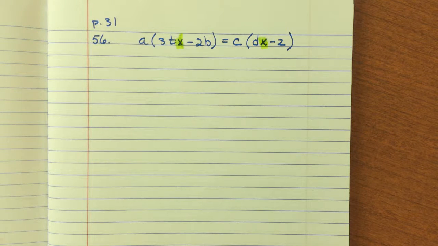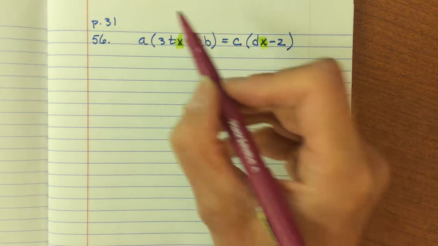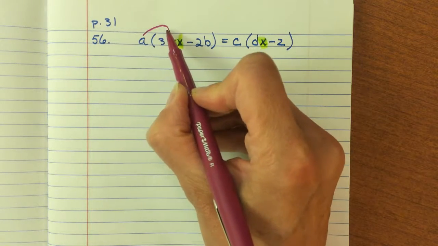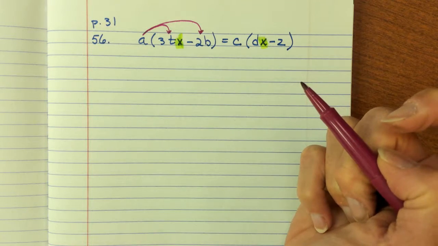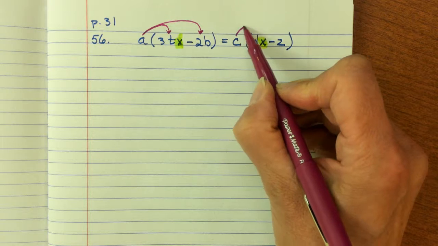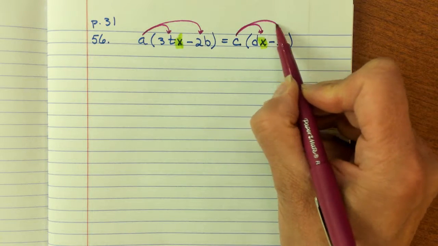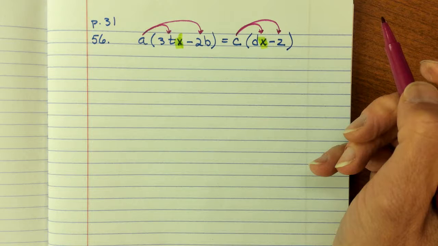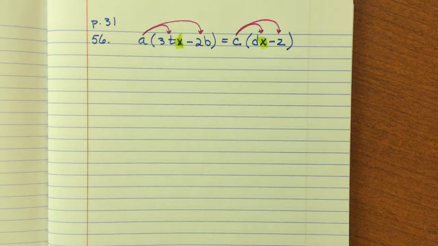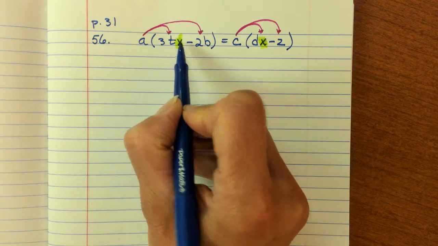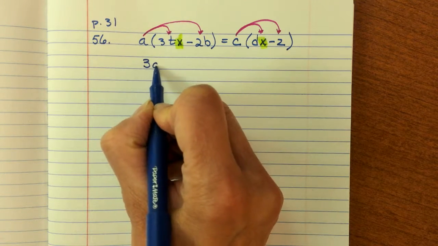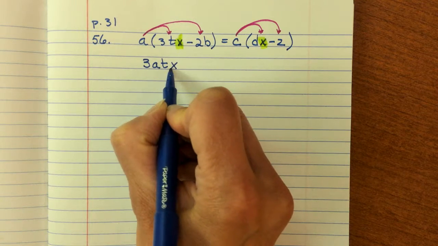So in this case, I am going to distribute. So I'm going to distribute this A in to both sides on the left, and then on the right I'm going to distribute the C in. So remember, distributing is either multiplying or dividing to everything inside of that parentheses. So once I do that, A times 3tx is 3atx.